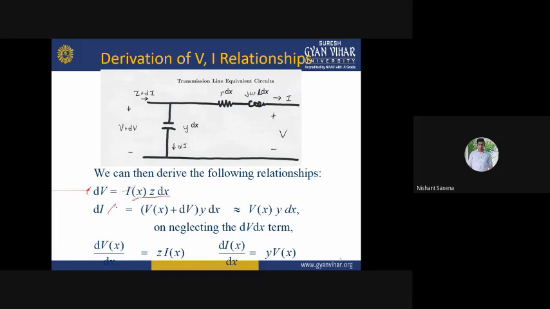Similarly, the small current is V(x) plus dV into y dx. We are taking V plus dV and I plus dI in this section, which is approximately equal to V(x) into y dx, neglecting the small dV term. So dV(x) by dx is equal to z into I(x), and dI(x) by dx is equal to y into V(x).